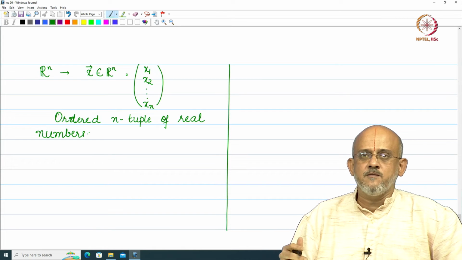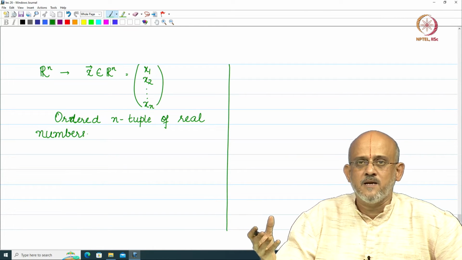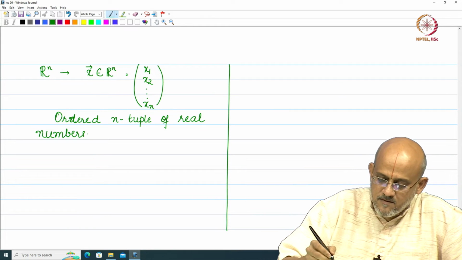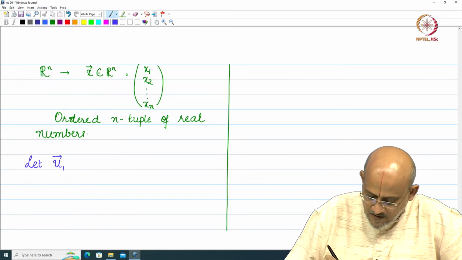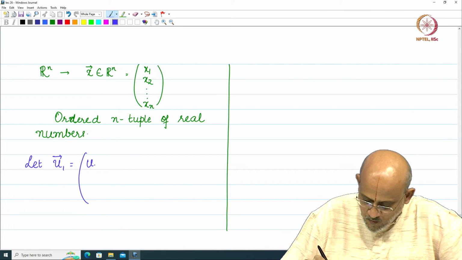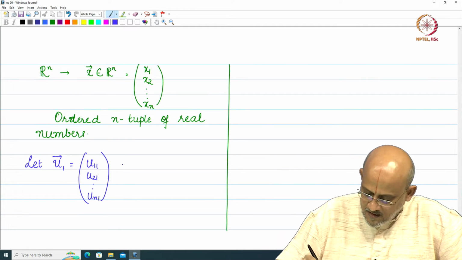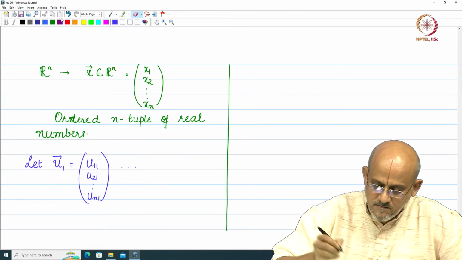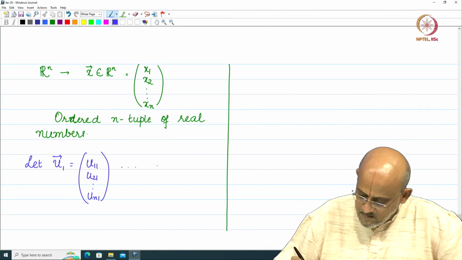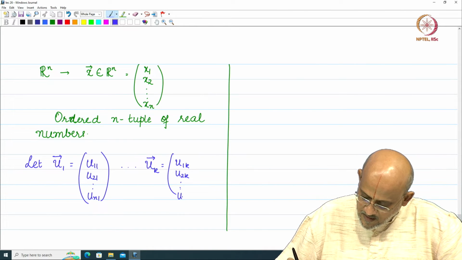So what are we going to do? We are going to look at linear combination, the way we did in 2 dimension and 3 dimension. Let us define certain vectors. Let u1 be a vector defined as u11, u21, etc. un1, and so on up to the vector uk, which is given by u1k, u2k, etc. unk.